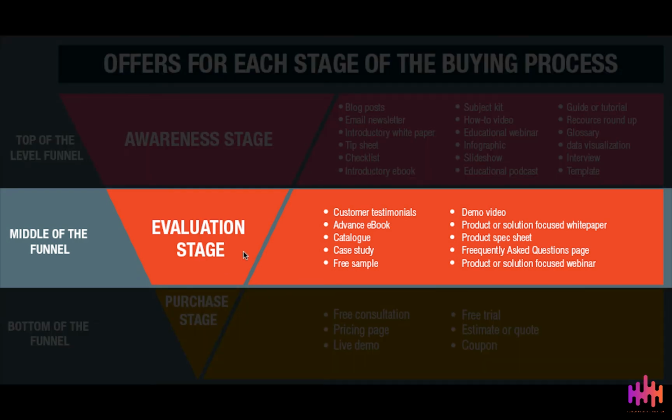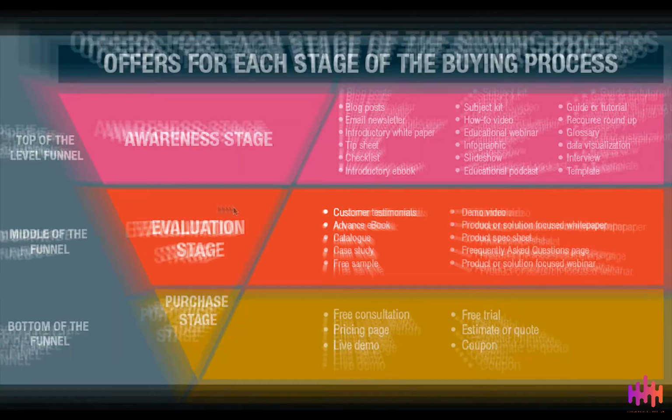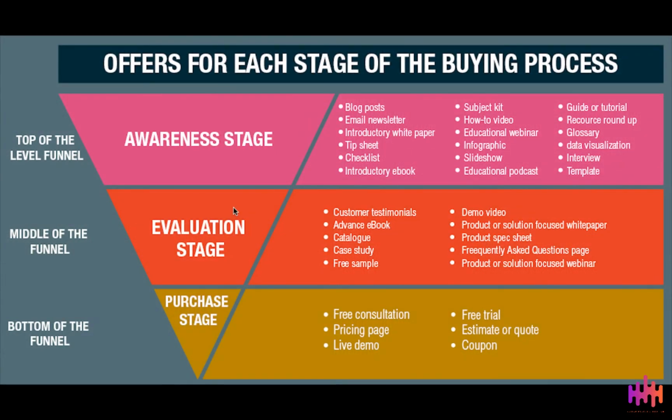So at the evaluation stage, you already have their email, you have their phone number, you have their name. Now it's time to get them ready to buy. So make sure you're continuing the engagement by offering new offerings, whether it be exclusive remixes.